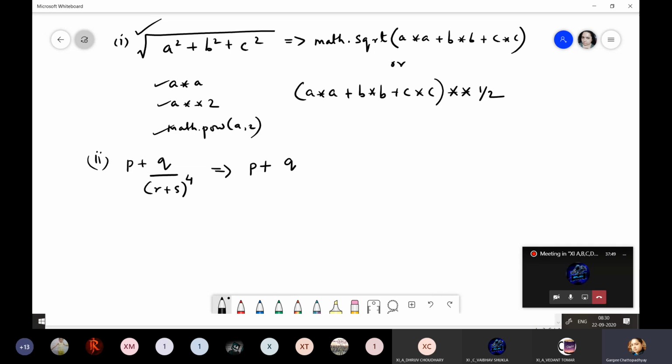P plus Q divided by R plus S raised to the power 4. So I can write R plus S raised to the power 4 like this, or I can write R plus S as math.pow(R plus S, 4).